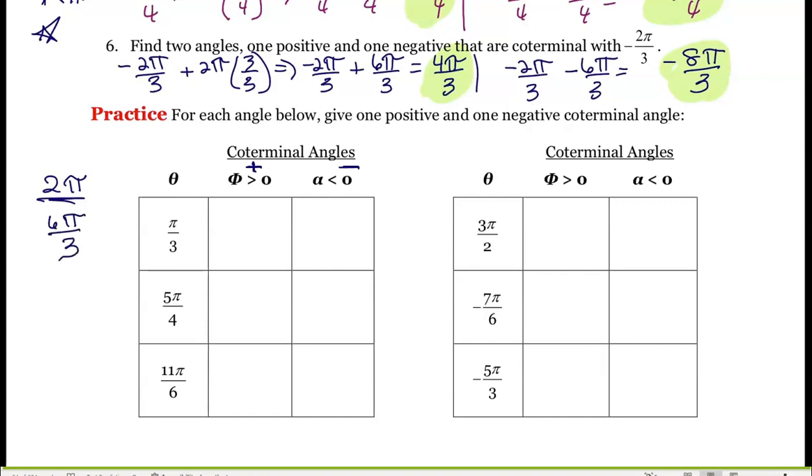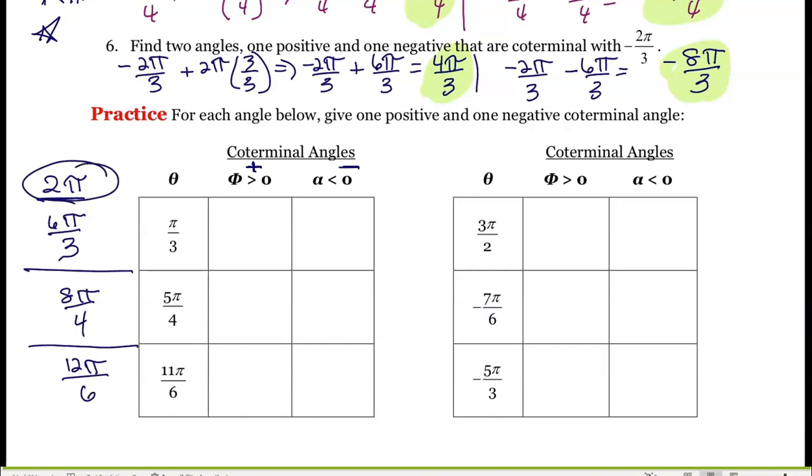If I'm in fourths, I'm going to add and subtract 8 pi over 4. If I'm in sixths, I'm going to add and subtract 12 pi over 6. Do you see how all of these reduce to 2 pi? So now let's do that.